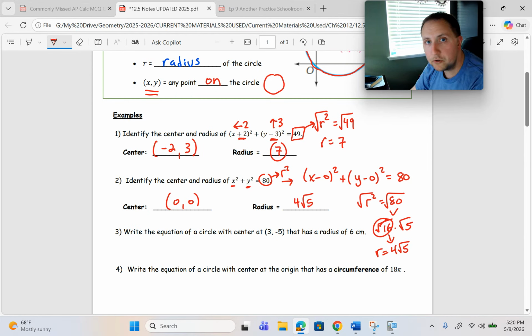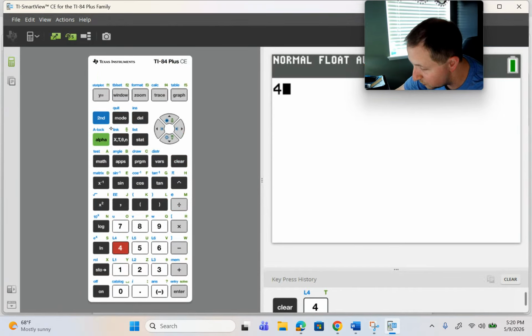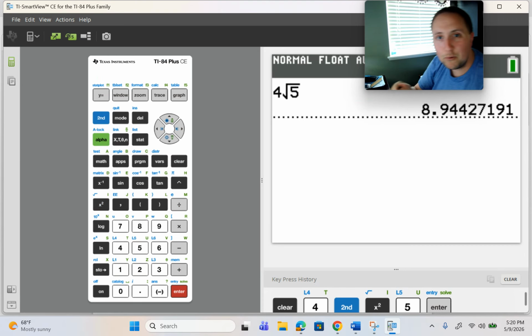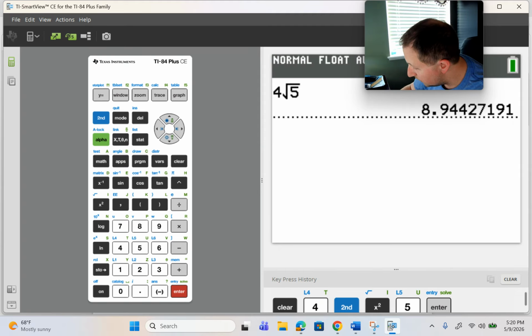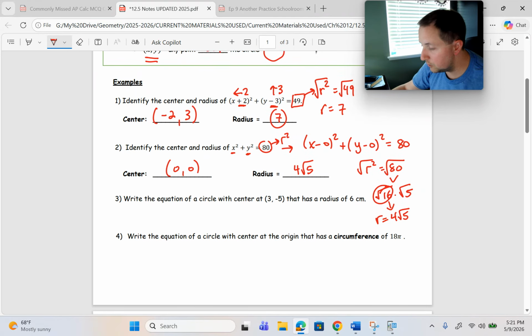I won't make you graph ones that have messy radii like that, because 4 rad 5 is a decimal, right? The radius of that circle would be about 8.9, so not quite 9 units. So if you were doing this by hand, you'd have to estimate, but not every circle has a whole number radius. This is a good example to see that. Okay. So sometimes they'll give you the equation and ask you to find the pieces.